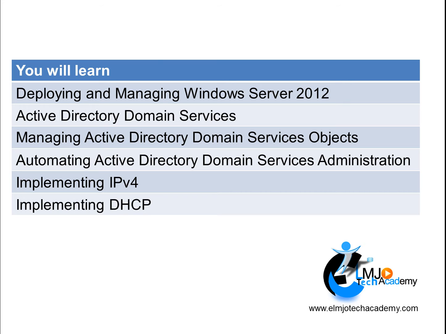Objects. What are objects in Active Directory? Whenever you create users, computer accounts, or groups in Active Directory, all those are called objects. Creation is very easy. Right click, new user. Right click, new computer account.